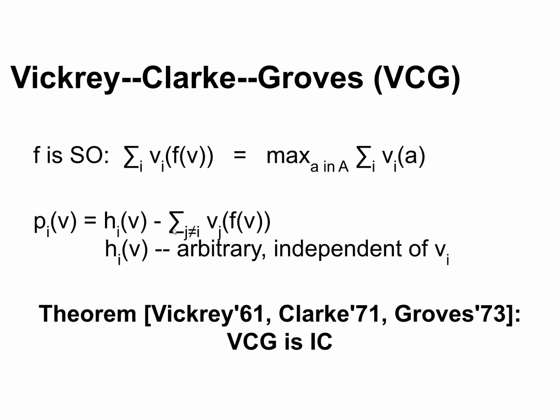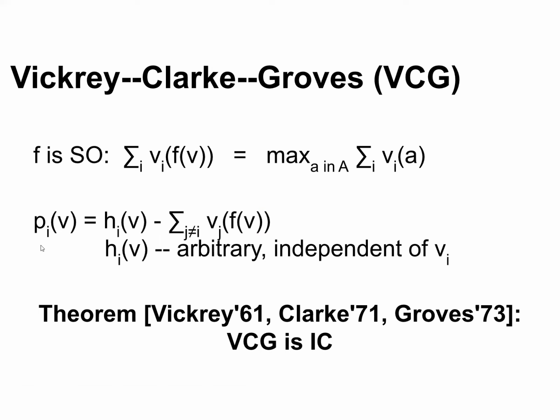With this notation, it's just a straightforward substitution. You can actually see that this mechanism is truthful in that no user has an incentive to misrepresent his or her preferences. So the payment in the VCG mechanism, named after Vickrey, Clarke and Groves, who developed this mechanism in a series of papers some 40 years back.